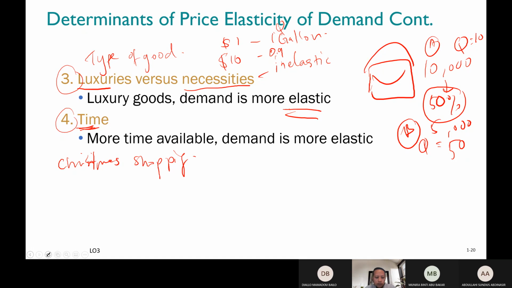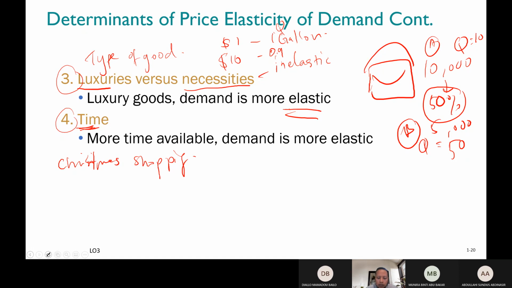But if you have very little time, I have to buy something for my children, for example, and I'm on my way back home, and this is the only shop that's open, no matter what the price is, I have to buy it. Because of the limited time, the demand is inelastic, so I wouldn't change my demand. This is the fourth factor.